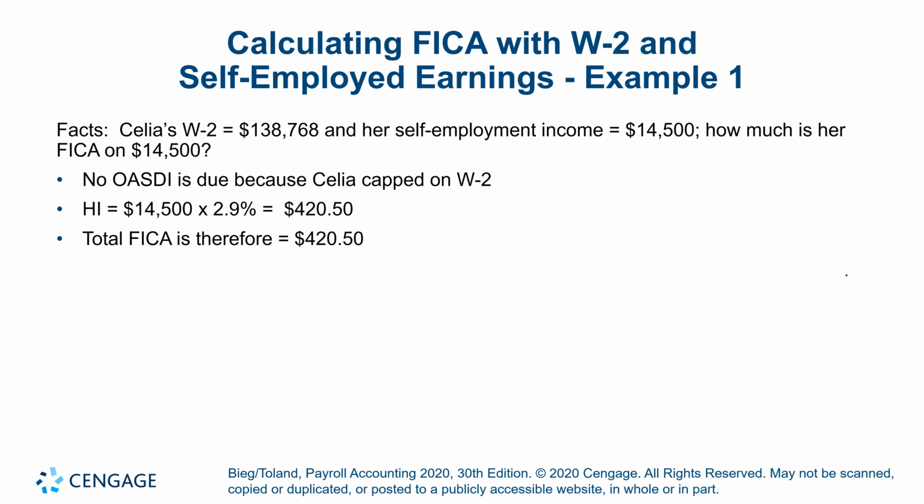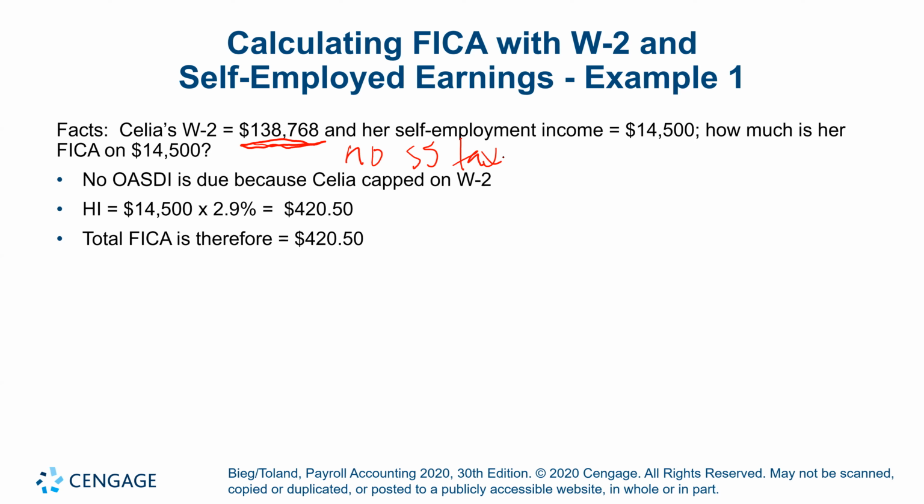All right, so calculating FICA with W-2 and self-employed earnings. This one says Celia's W-2 equaled 138,768, and her self-employment income equaled 14,500. How much is the FICA on the 14,500? So just looking again, she's already over the max for Social Security. So no Social Security tax on her 14,500, right? Because she already reached the max with her W-2.